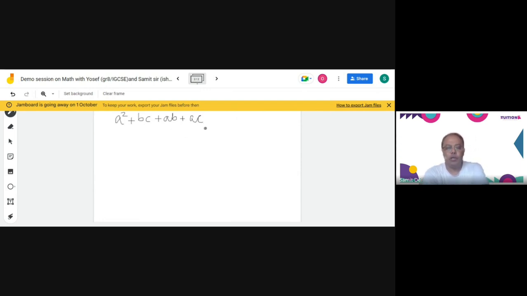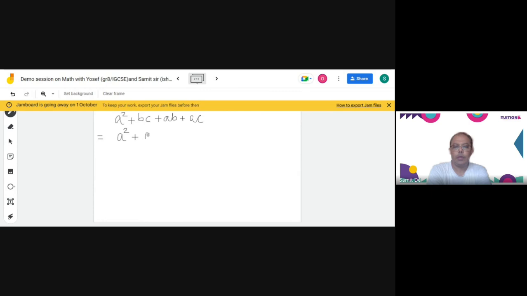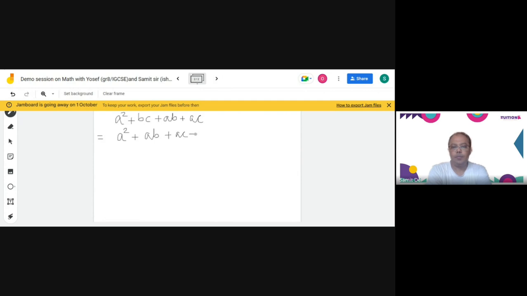So there are four terms we need to group. Ideally, we should group two terms. Which two should I take first? a square plus ab. So I'm left out with bc plus ac. That is what we are left out with.